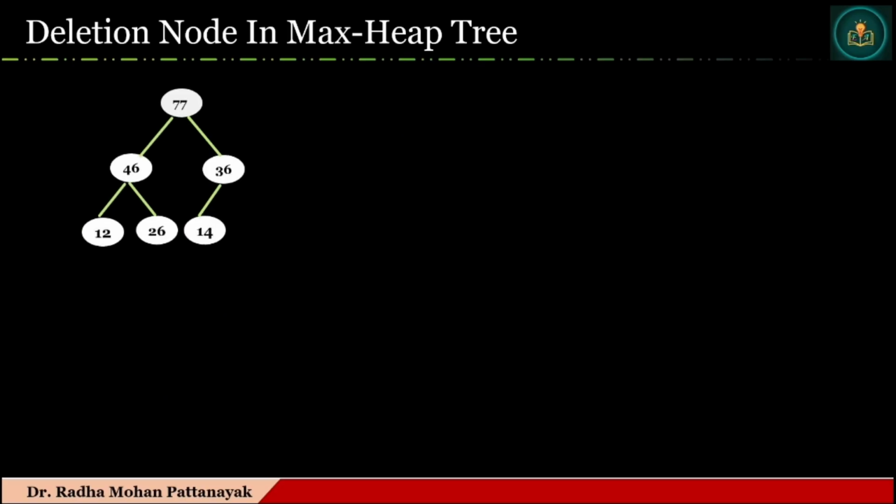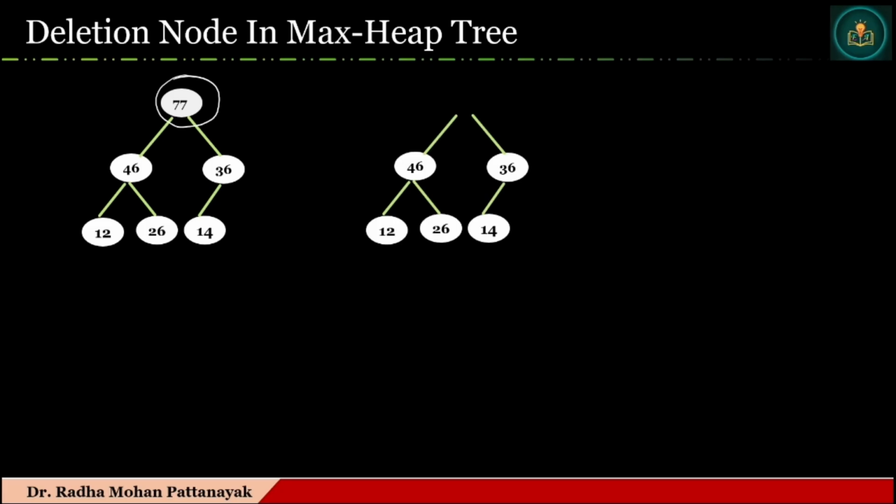Now, we will discuss the process to delete the root node in the max heap tree. Here, in this tree, after deleting the root node, that is 77, the tree will become headless or rootless. See, there is no element present here because we deleted 77. Without a root, there is no existence of a tree.